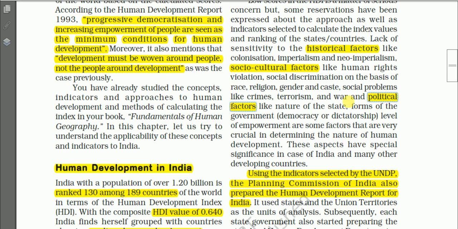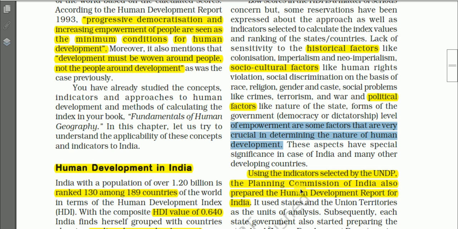And political factors like the nature of the state. What type of government is there? Democracy or dictatorship, or any other form, totalitarian, for example. Then level of empowerment are some of the factors that are very crucial in determining the nature of human development. So why has India been scoring low HDI?